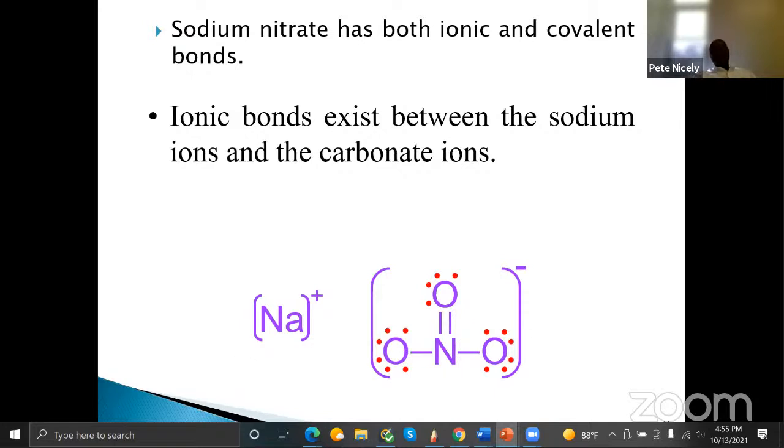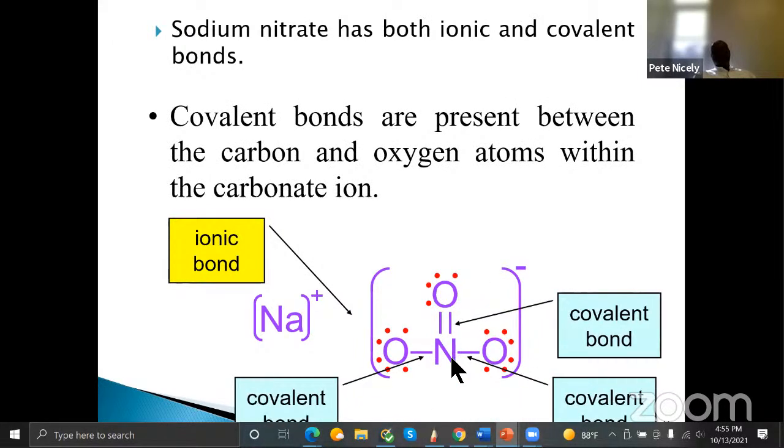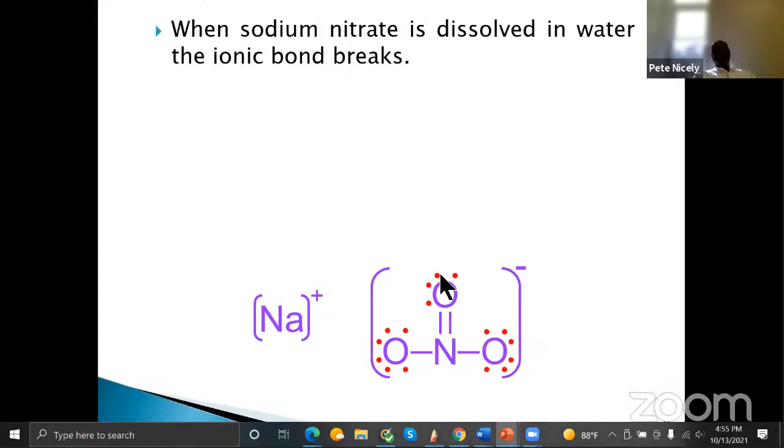You have the ionic bond that exists between the sodium and the nitrate ion, and then you have the covalent bonds that exist within the nitrate ion between the nitrogen atom and the oxygen atoms, right? So the ionic bond is between the sodium and the nitrate ion, and then the covalent bond is what exists between the nitrogen and the oxygen atoms that are bonded to it, all right?